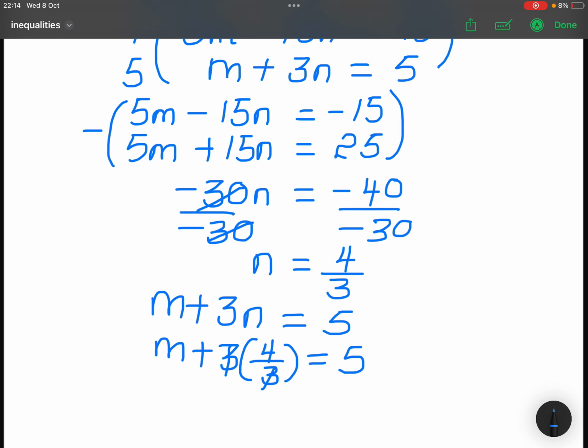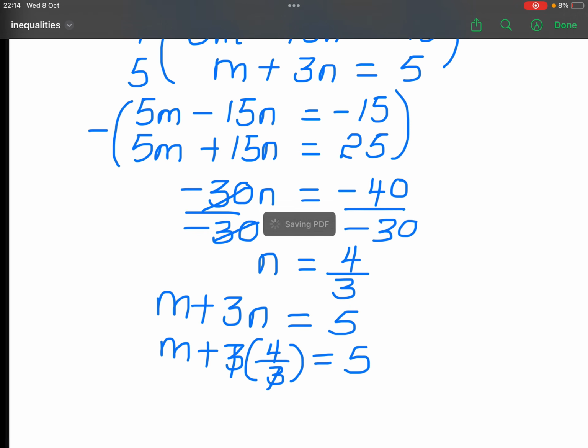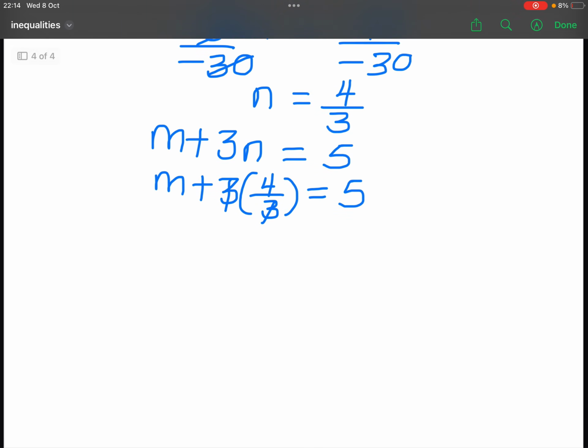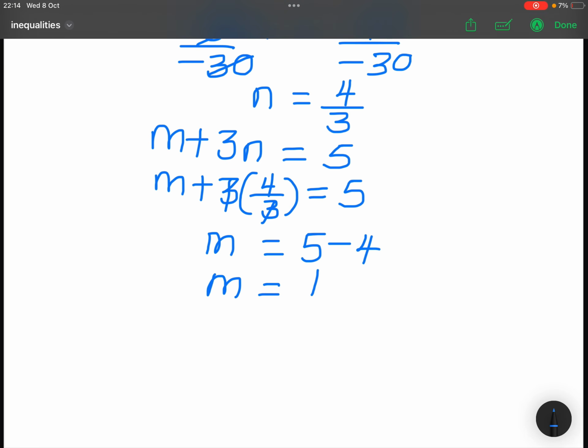So this 3 cancels this 3. We are now having m plus 4 is equal to 5. And then after that, we shift 4 to the other side, so that we have 5 minus 4. Our m is equal to 1.